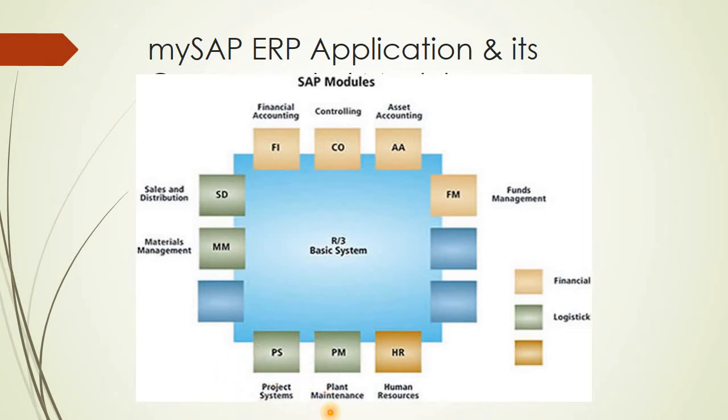Plant maintenance, basically we do some maintenance related to the plant, so that would be captured in the plant maintenance module. HR, all human resources related transactions, and then FM, fund management, AA, asset accounting, CO controlling cost accounting. FI is our FI module like AP, AR, GL, trial balance.